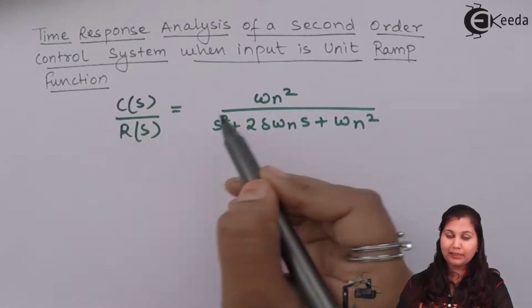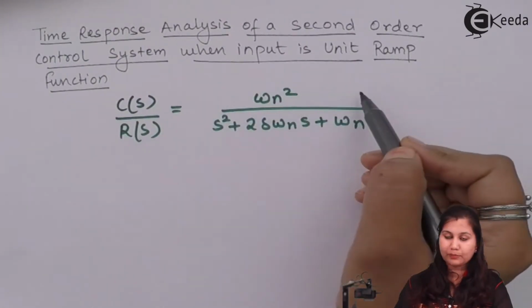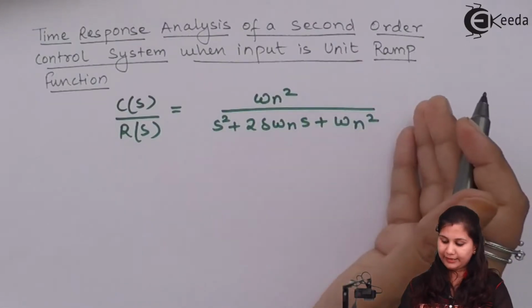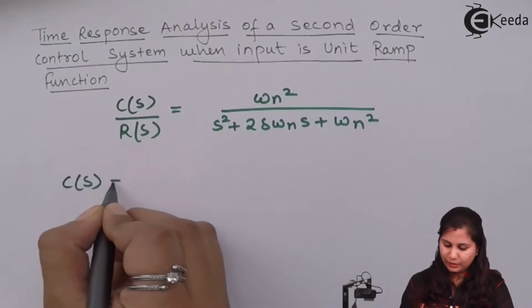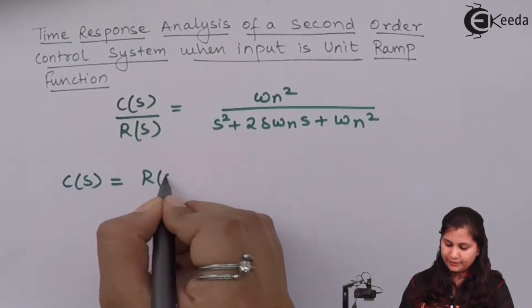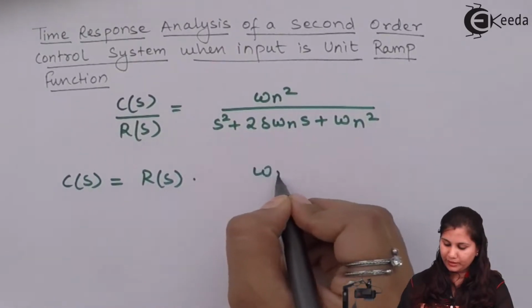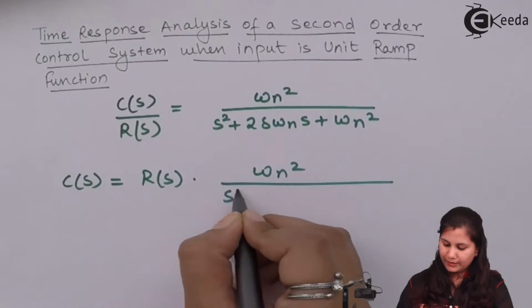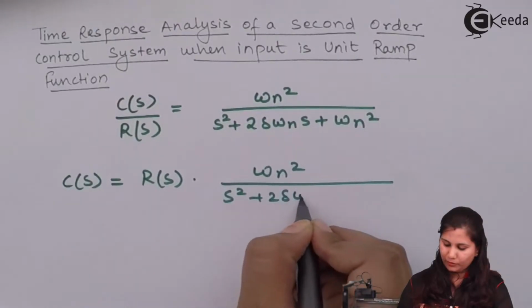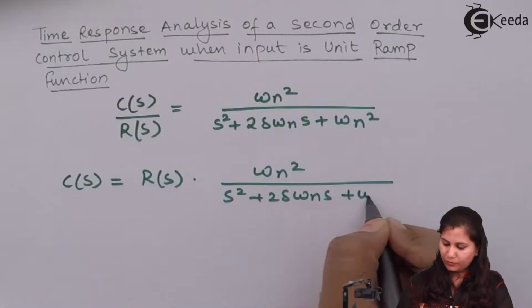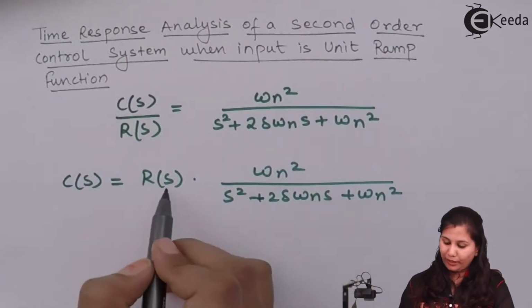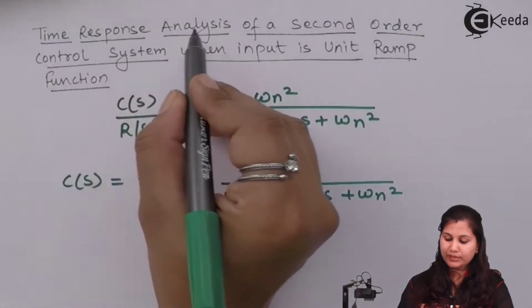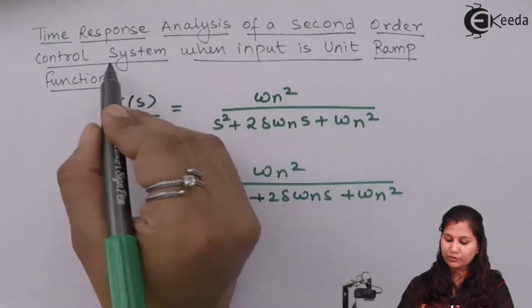If we cross multiply, R(s) is multiplied to the right hand side, so we have C(s) equals R(s) multiplied with omega n square upon s square plus 2 delta omega n s plus omega n square.